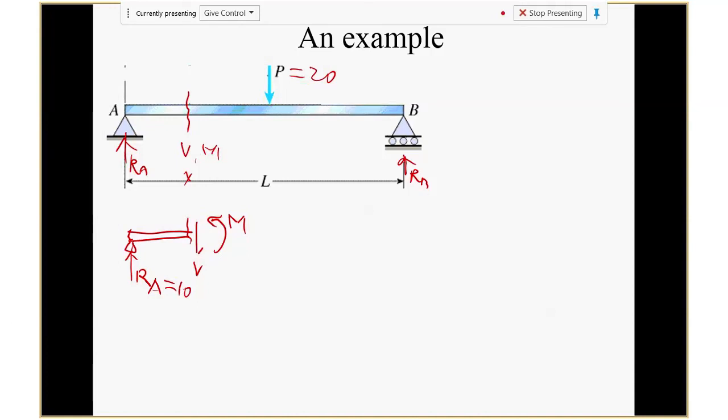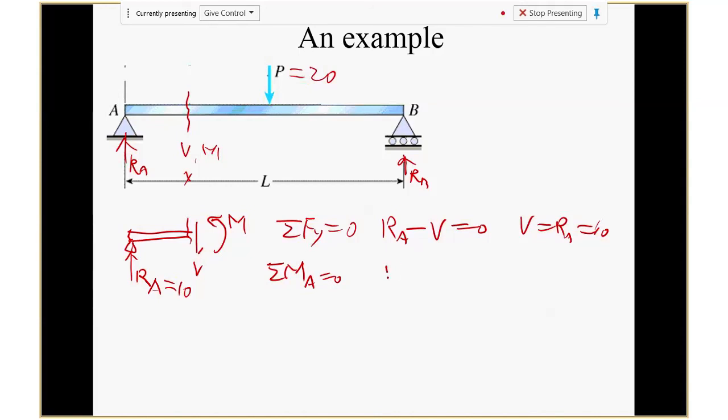Now, can I find V? Yes. Sigma Fy equals 0. Use the equation of equilibrium, so I have RA minus V equals 0. Therefore, V equals RA equals 10. Now, can I find the M? Sigma moment about point A equals 0.